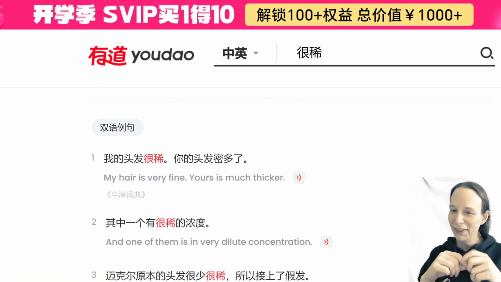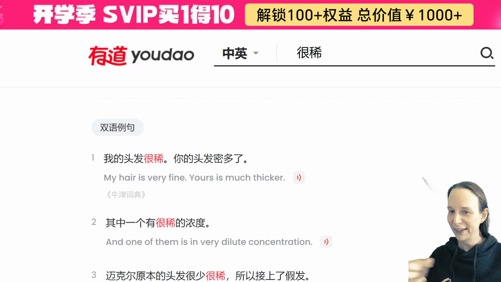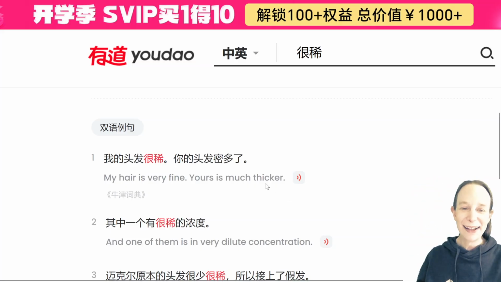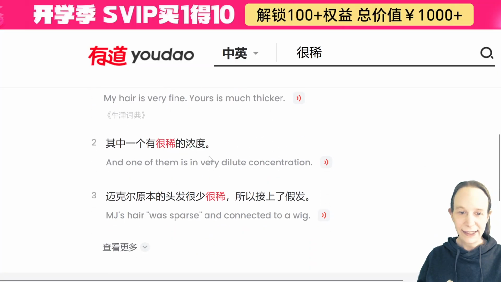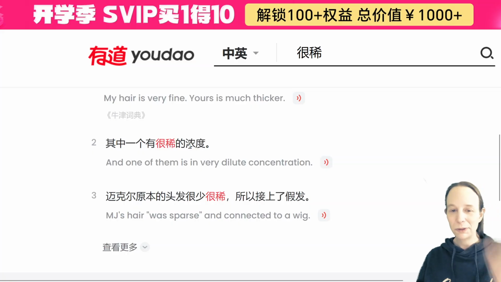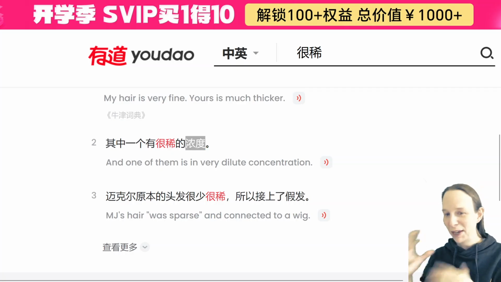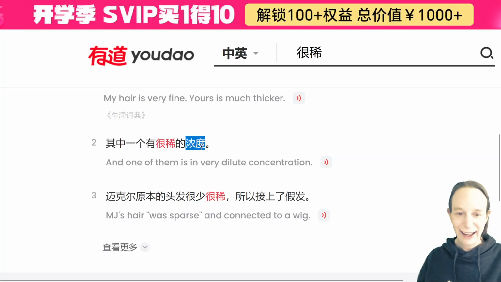In theory, you could have thick strands of hair that are very far apart. 很稀的浓度. 浓度, so 浓 is concentrated. So 浓度 is a measure of concentration.